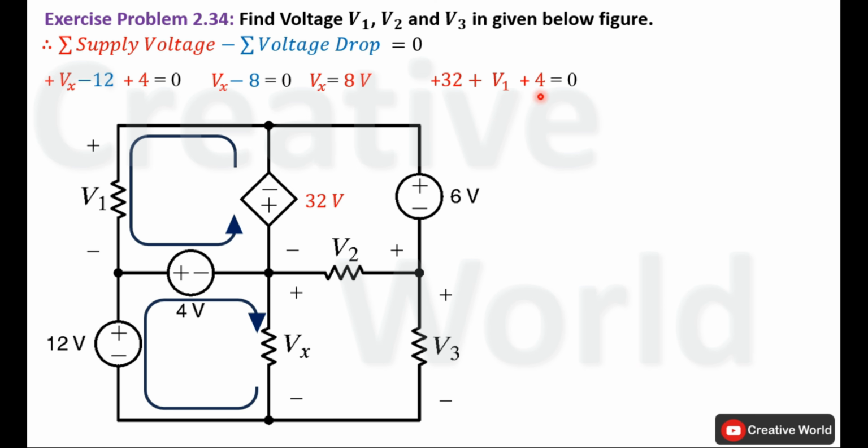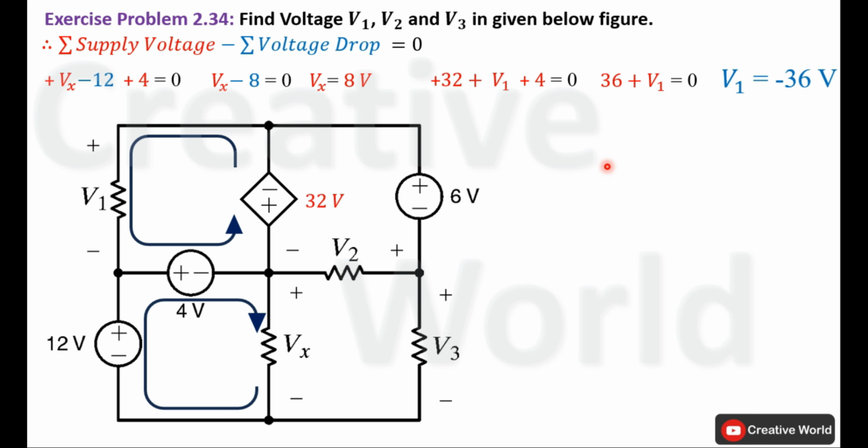Now again inside this equation we only have one variable, so we can solve this equation to calculate the value of V1, that is our point of interest. Add 32 and 4, it will become 36, and place this 36 on the other side of equal to calculate the value of V1, that will become minus 36 volt.